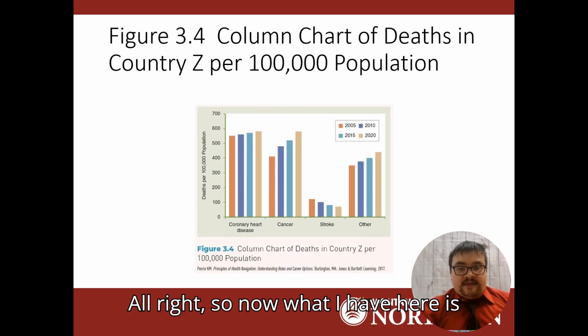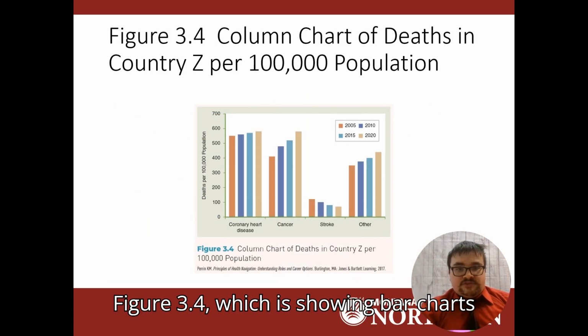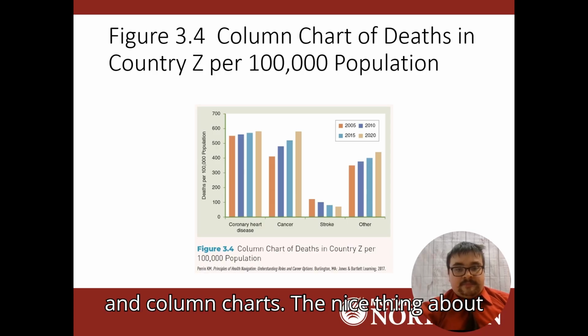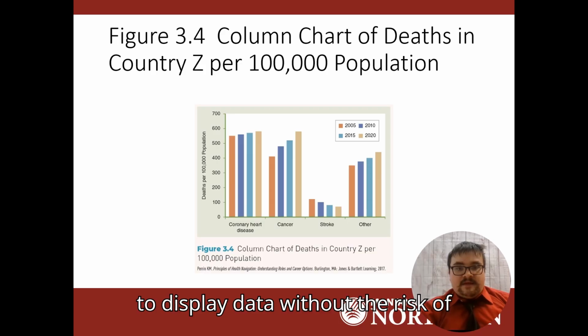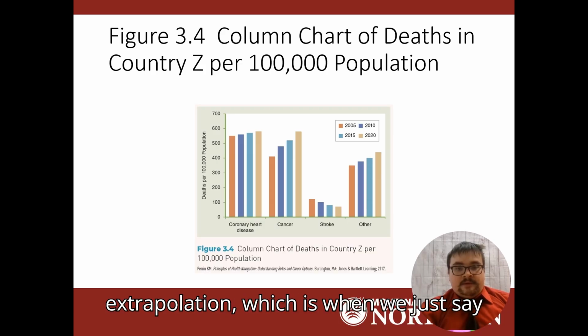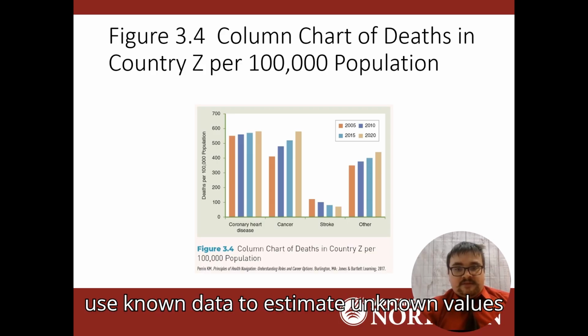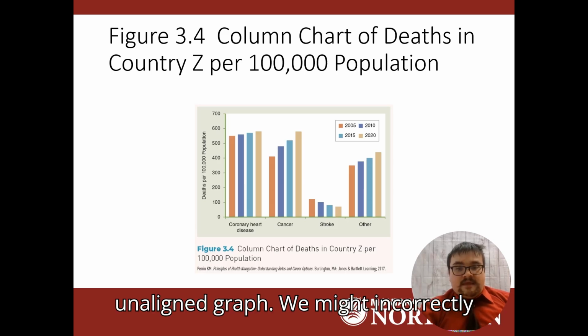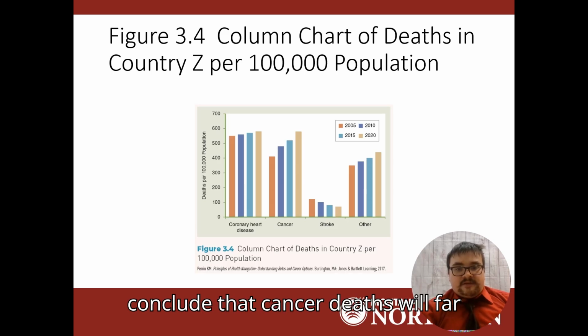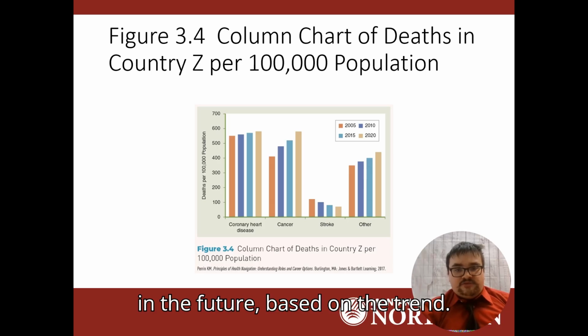All right, so now what I have here is figure 3.4, which is showing bar charts and column charts. The nice thing about these charts is that they are a great way to display data without the risk of extrapolation, which is when we use known data to estimate unknown values or predict future trends. An example is that on a line graph, we might incorrectly conclude that cancer deaths will far exceed those of coronary heart disease in the future based on the trend.